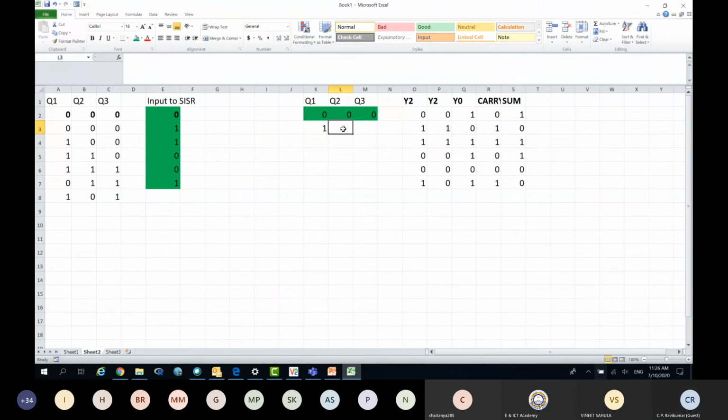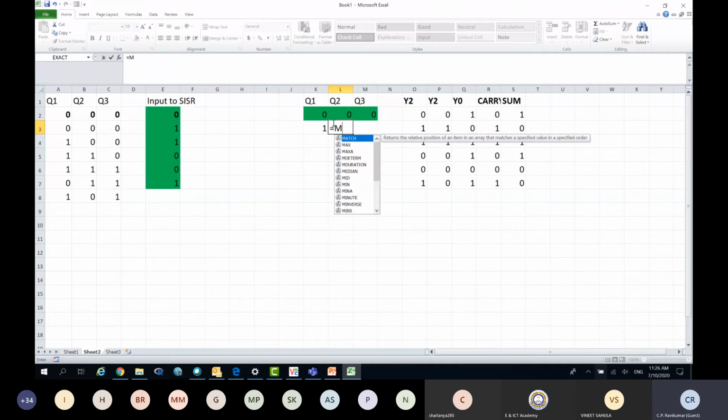Okay. In the same way, in an ordinary LFSR, I would have directly copied Q1, right? If it's a serial shift register, but this time I'm going to say mod, whatever was coming here, right? Plus.